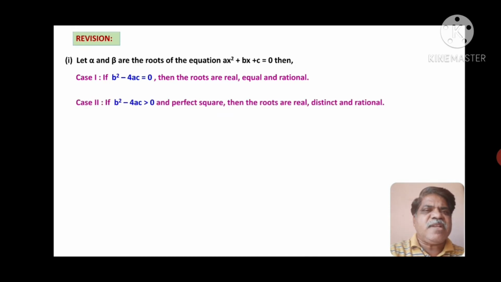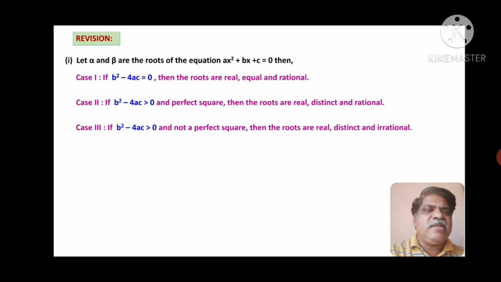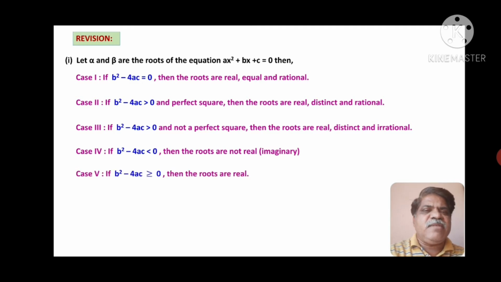Second case, if b square minus 4ac is greater than 0 and a perfect square, then the roots are real, distinct and rational. Case 3, if b square minus 4ac is greater than 0 and not a perfect square, then the roots are real, distinct and irrational. Case 4, if b square minus 4ac is less than 0, then the roots are not real, they are imaginary. Case 5, if b square minus 4ac is greater than or equal to 0, then the roots are real.